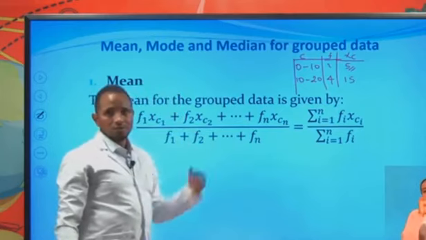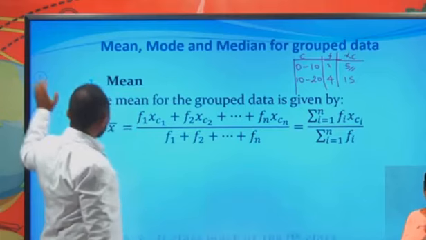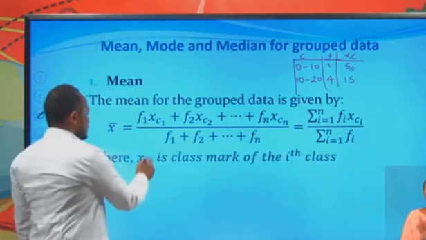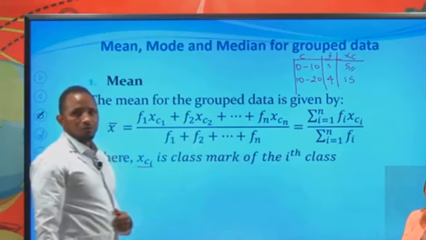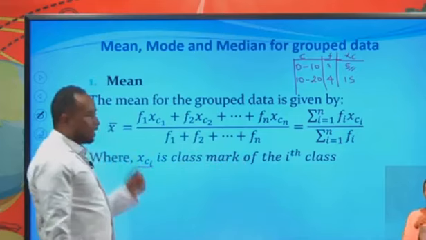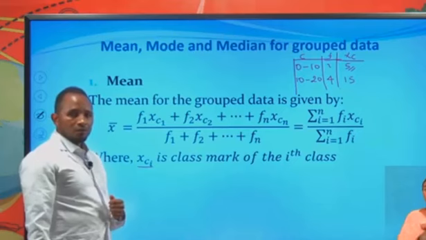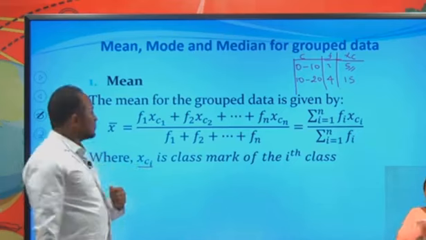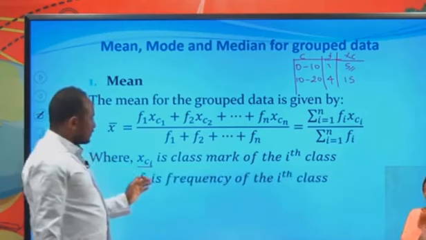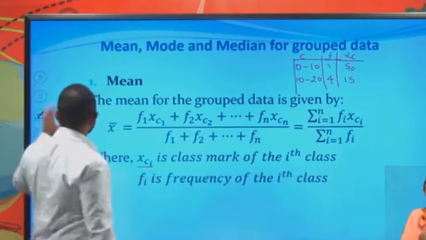Here xci is the class mark, or class midpoint, of the given class. It's obtained by taking the average of the upper and lower class limits of the ith class, and fi is the frequency of the ith class.